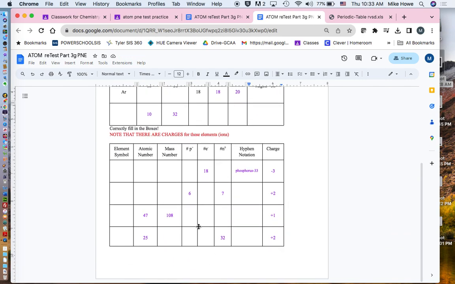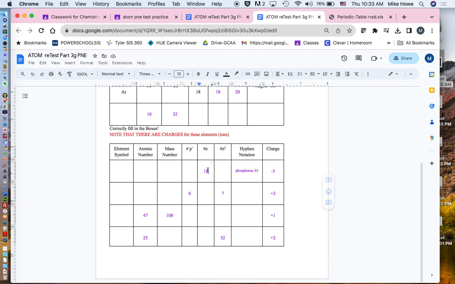Now let's move down to this table. These have charges. They are all ions. So everything works the same except the electrons will be varied, and you have to determine the protons sometimes by looking at the electrons. Let's take a look at the first one here. This is a -3 charge. Since electrons are negative, if the charge is -3, that means that you have 3 extra electrons.